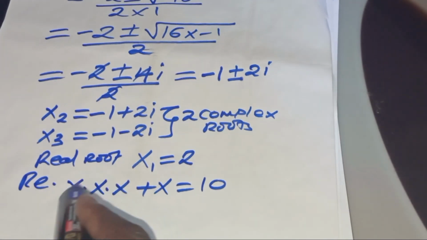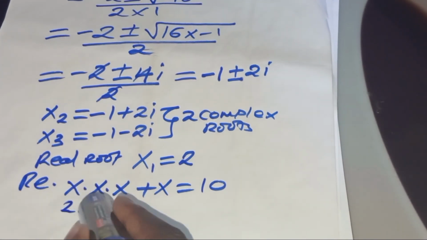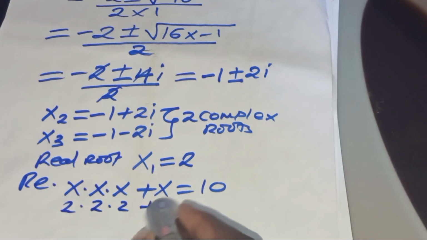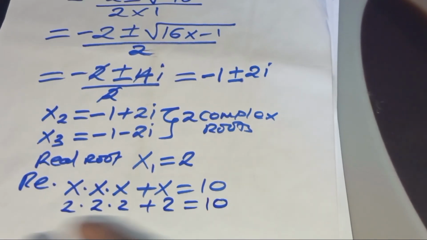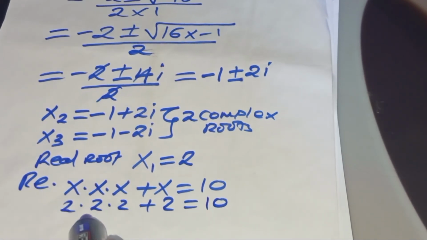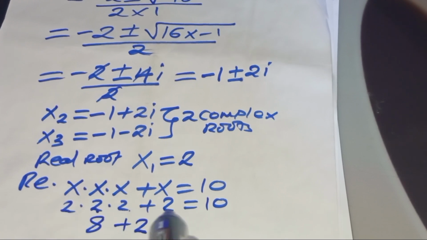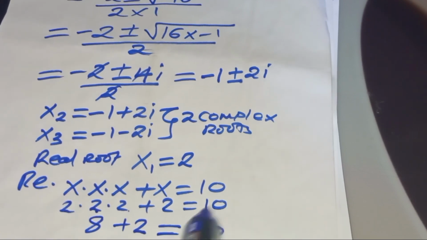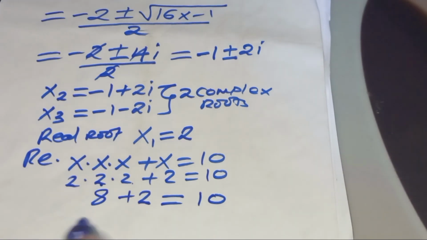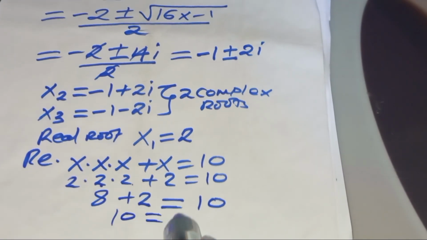The value of x here is 2, so this is 2 times 2 times 2 plus 2, which should give a value of 10. So 2 times 2 is 4, times 2 is 8, plus 2 is 10, which is equal to 10.